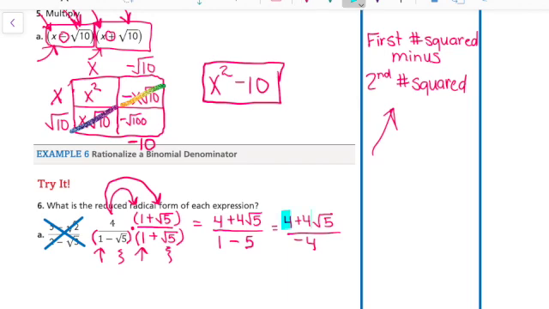So if I take a look here, I notice that all 3 of those spots are divisible by something, and that something is 4. So if I do 4 divided by negative 4, I get negative 1. 4 divided by negative 4 is negative 1 square root of 5. I don't have to have the 1 out front. So there's my final answer to rationalizing the denominator.